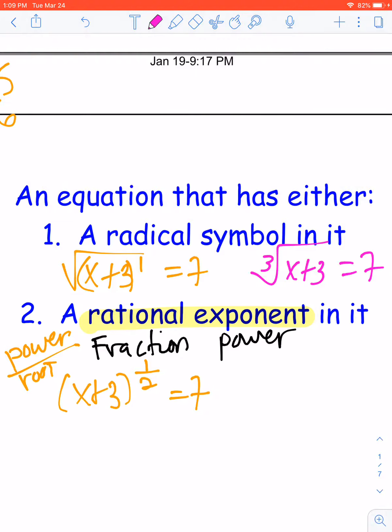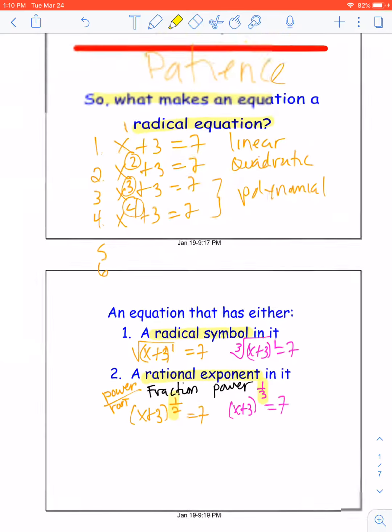I can write what I have written in pink as x plus 3 to the first over 3 equals 7. So friends, what I have written in orange and what I have written in pink are the exact same problem, exact same work. The difference is one has a radical symbol in it, and the other one has a fraction that is a power. This is what we're going to be solving in this lesson.